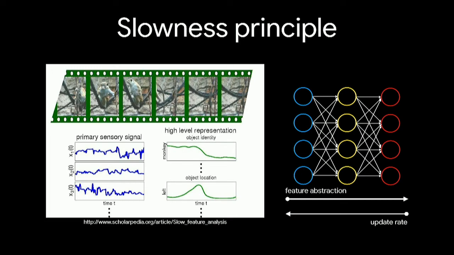Now, how is this relevant for artificial neural networks? It is quite well understood now that deeper layers in an artificial neural network extract more and more abstract features. So if we agree with this slowness principle, then it means that the deeper layers can work at a slower pace than the layers that are at the input of the network.